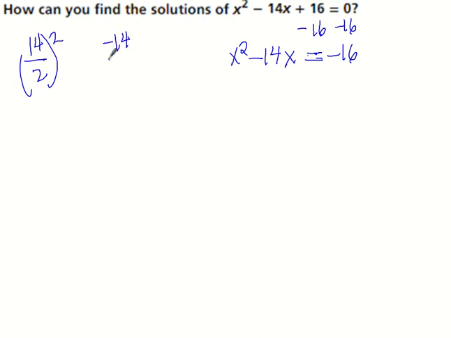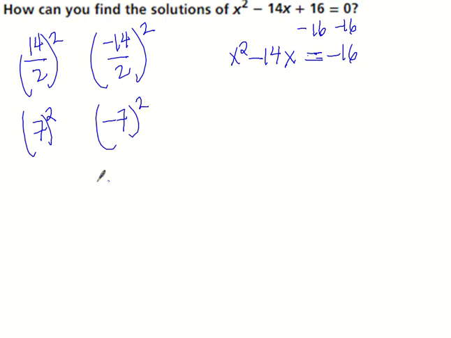If I took the negative 14 over 2 and squared, you're going to see I get the same thing. 14 over 2 is 7. Negative 14 over 2 is negative 7. But I'm squaring them, so either way I'm going to get 49. So this negative part doesn't affect it.